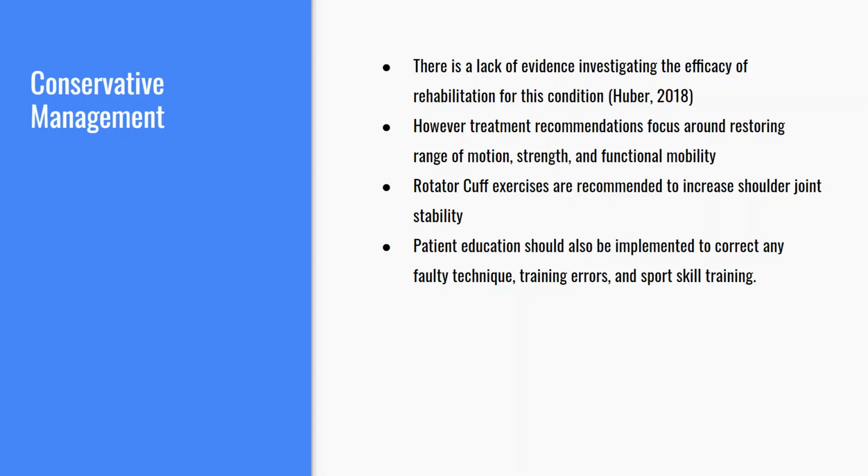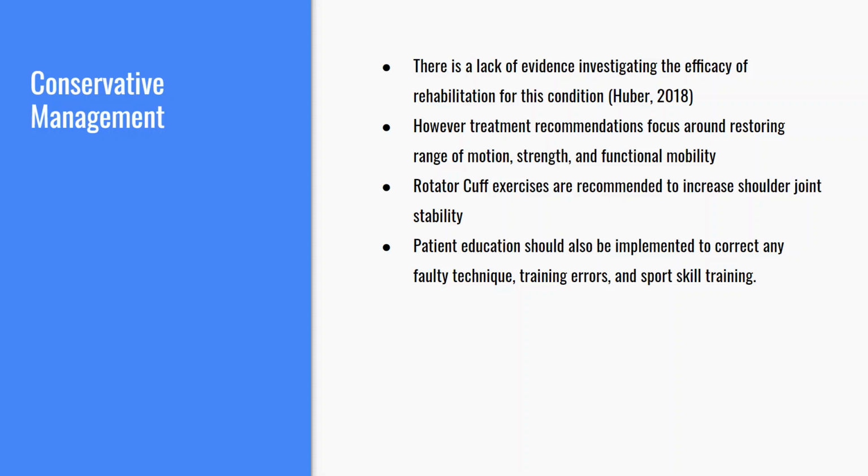There were treatment recommendations focused around restoring range of motion, strength, and functional mobility. Rotator cuff exercises are recommended to increase shoulder joint stability, and patient education should also be implemented to correct any faulty technique, training errors, and sport skill training.